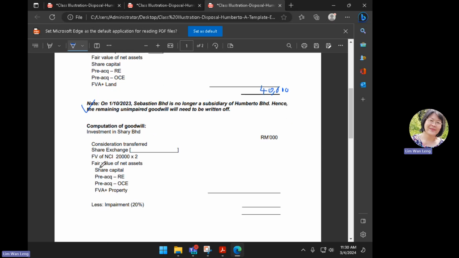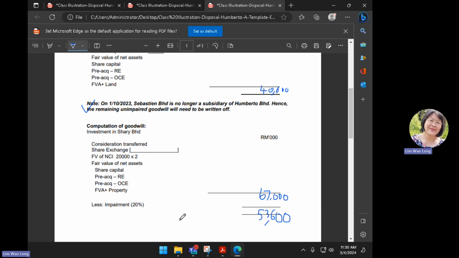Investment in Sherry. You are going to end up having goodwill before the impairment, 67,000. That means it's 67 million. Then after the impairment of 20%, this will be 53,600.